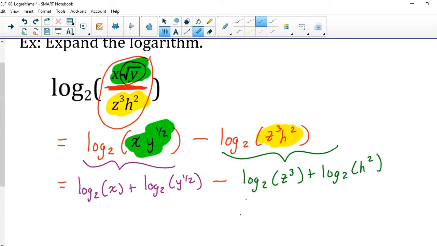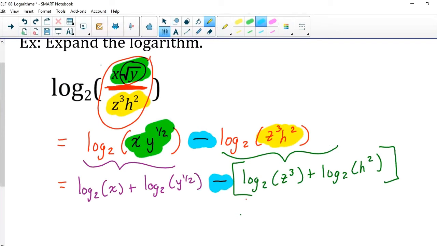Now the important thing to remember here, this is slightly different, is that we should put some type of brackets or parentheses around this logarithm. That's super important because of this minus sign.